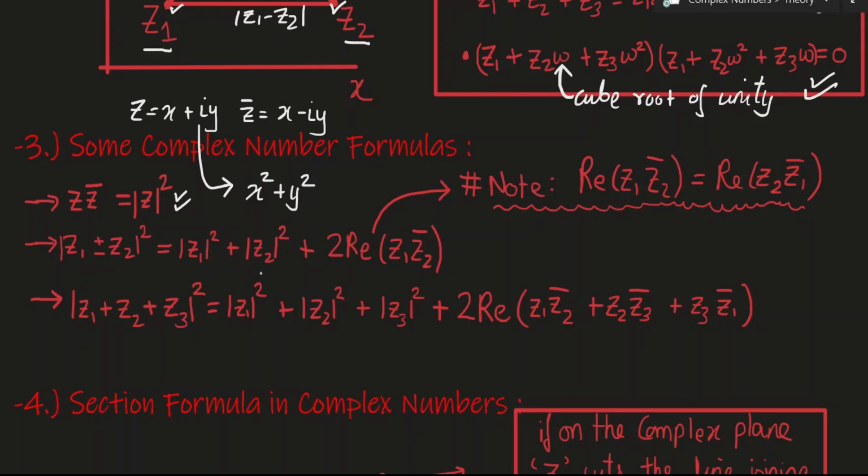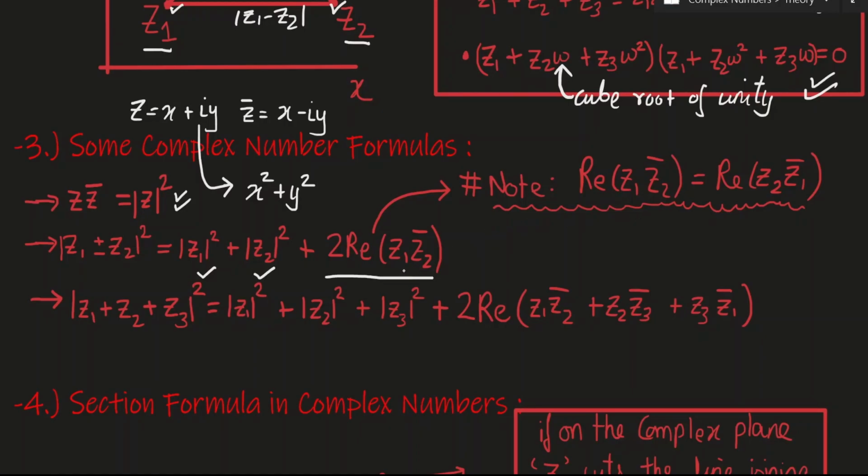Okay, so moving on to the second formula, which is mod of z1 plus minus z2 whole square. So there are two complex numbers z1 and z2. Their square is equal to mod of z1 square plus mod of z2 square plus minus 2 times real part of z1 z2 prime. Z2 prime is the conjugate of z2. Now, it is important for you all to note, because in some books a different formula is given.